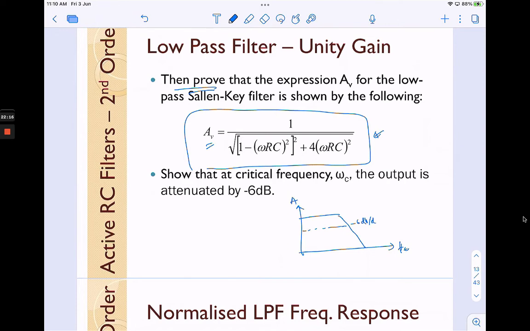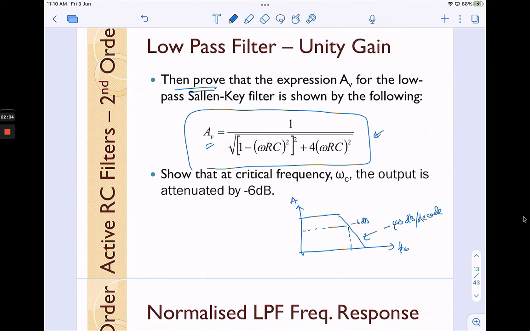The cutoff frequency is located at -3 decibels, and the slope is negative dB per decade, because this is a second order system which has two capacitors.